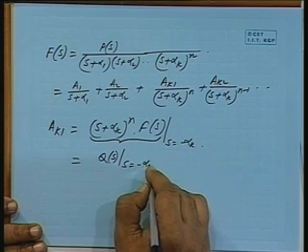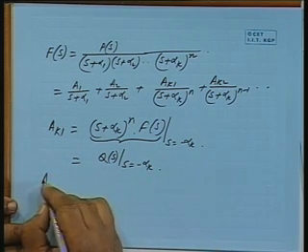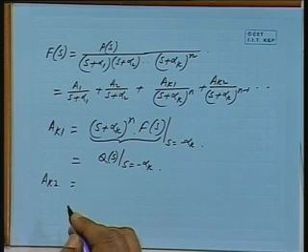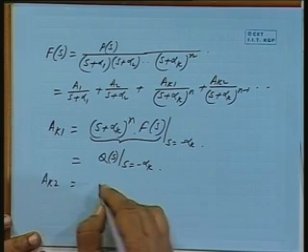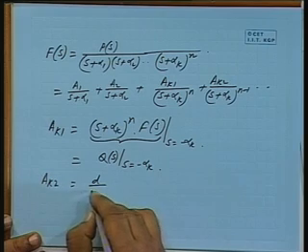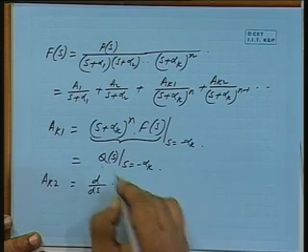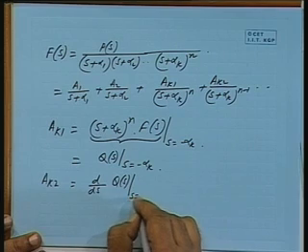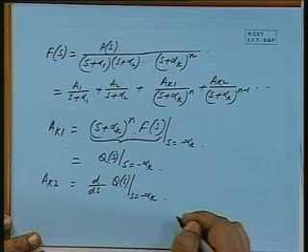Evaluate at s equal to minus alpha k. Then Ak2 will be the derivative of this Qs, and then evaluate at s equal to minus alpha k.